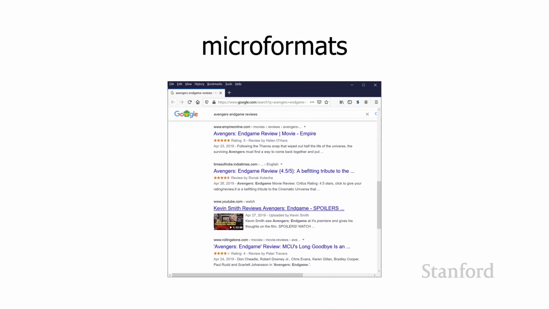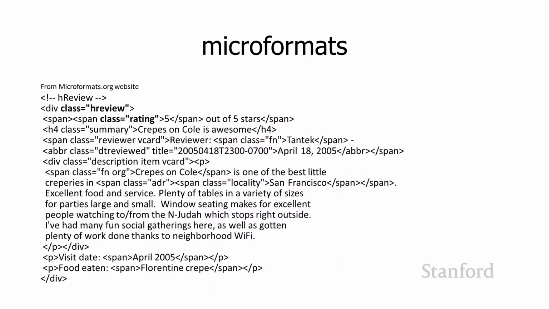How does it know that it's a review and that the reviewer gave a certain number of stars? Well, Google supports a microformat called hreview. Here's what the hreview format looks like, and this is an example from the microformats.org website. If you look at this, you'll see that throughout the HTML there's a whole bunch of classes.